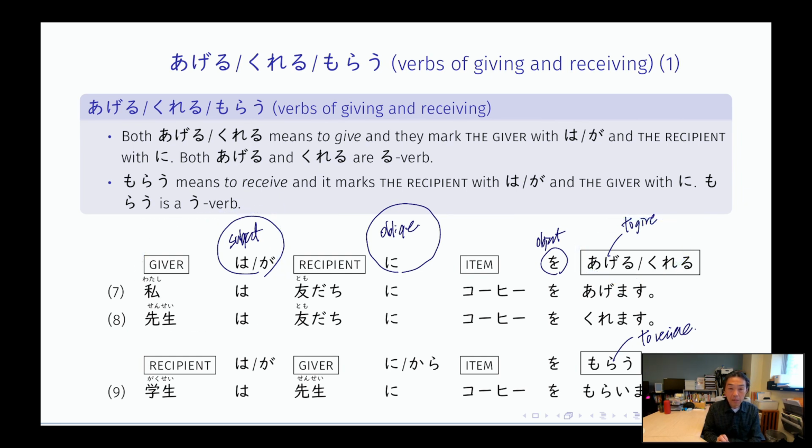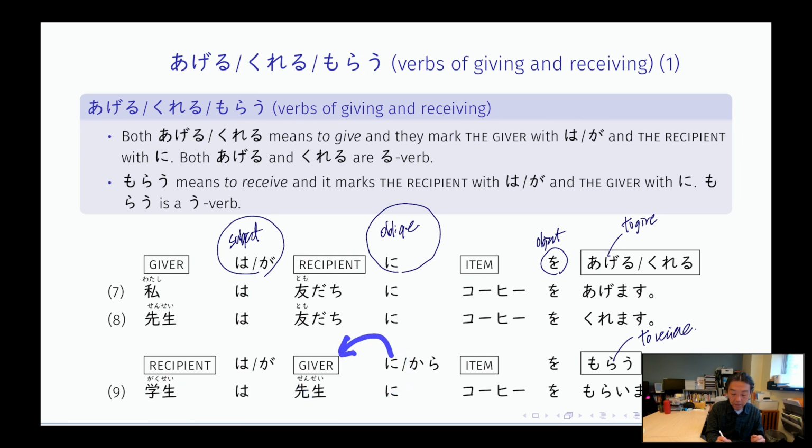Okay, and then if you do もらう, which is to receive, now the subject flips, right? Like we did, the student received the test from the teacher. Now the recipient is the subject. So now は and が indicate the recipient. 学生は先生に.